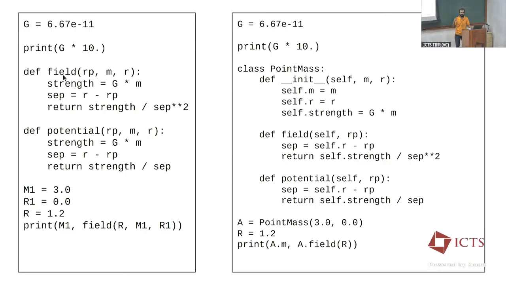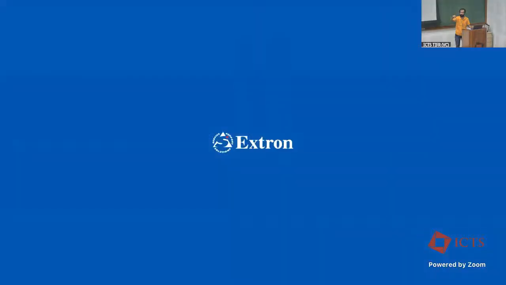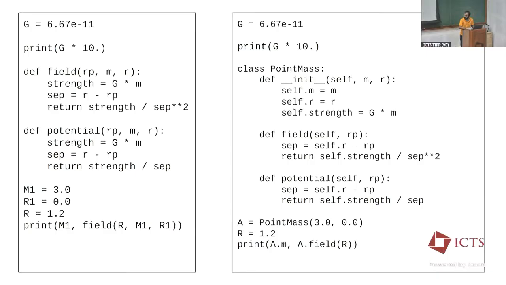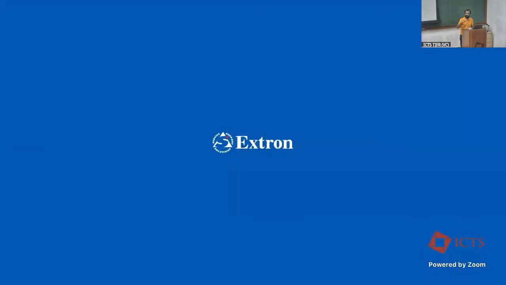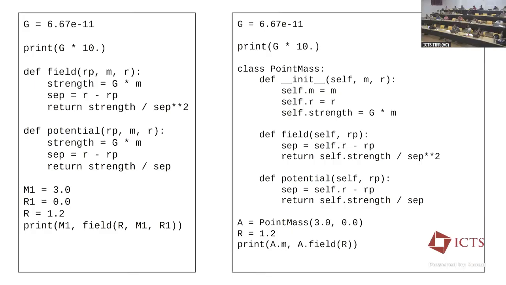So it has two functions which are sort of related. There is a field which depends on some location r prime at which you are evaluating it. And it depends on the mass of the point which is creating the field and the position of the point. Okay. So what we do is we build a class to group these two things together.